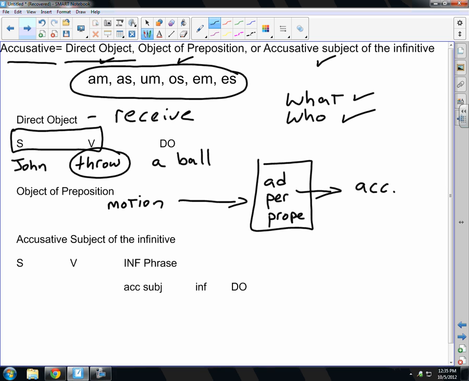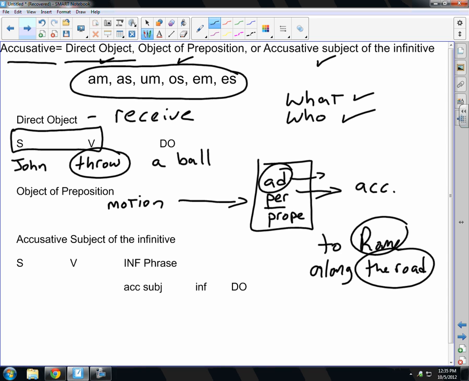The object of a preposition is when I take a preposition like to, and I tell you to what? Well, to Rome. Or I tell you this one is through or along. Along what? Well, along the road, Coach. Rome and the road are the objects of the preposition. And if we're dealing with ad, per, or prope, we're going to give Rome and road accusative endings.